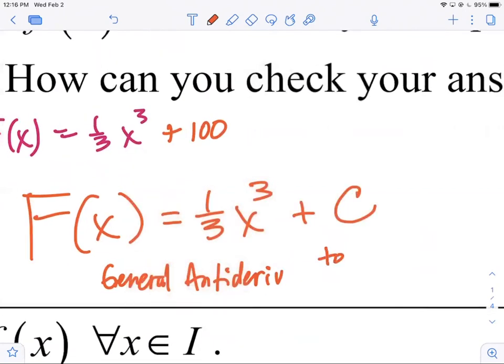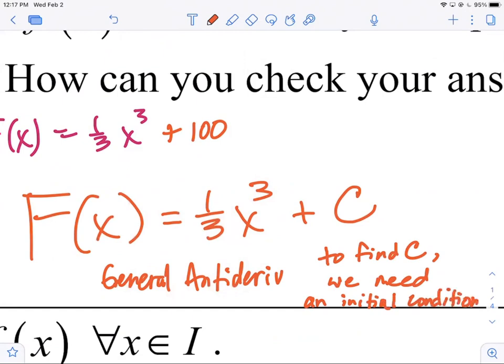To find C, we need what's called an initial condition, which is basically a point on the graph of big F. If I had one point that I knew that original graph passed through, I could plug in an A for X, a B for F of X, and solve for C. Okay. So when we have that, that's going to be called a particular solution.